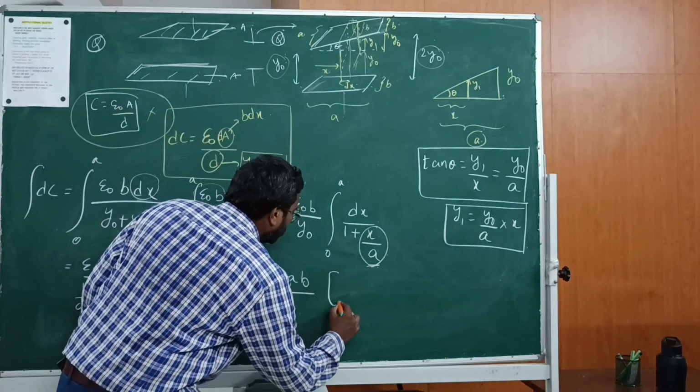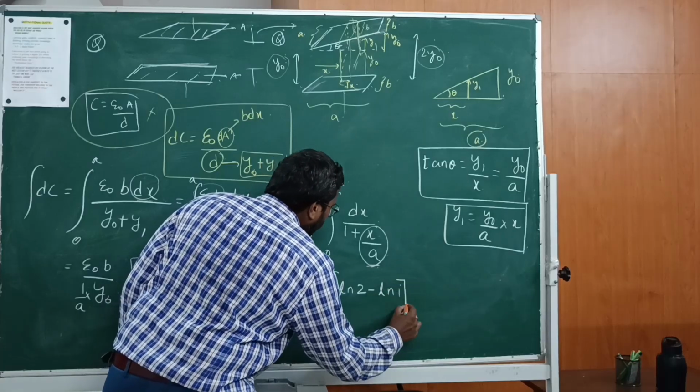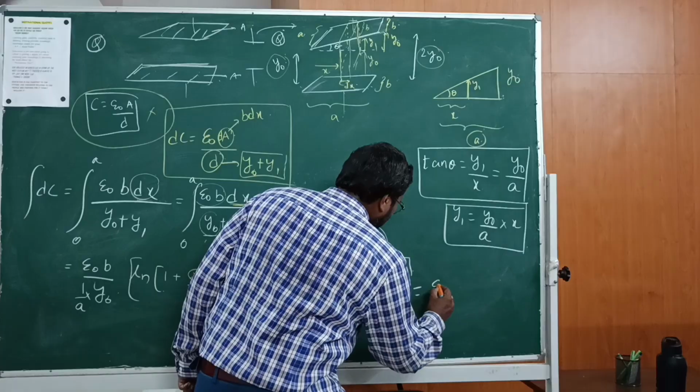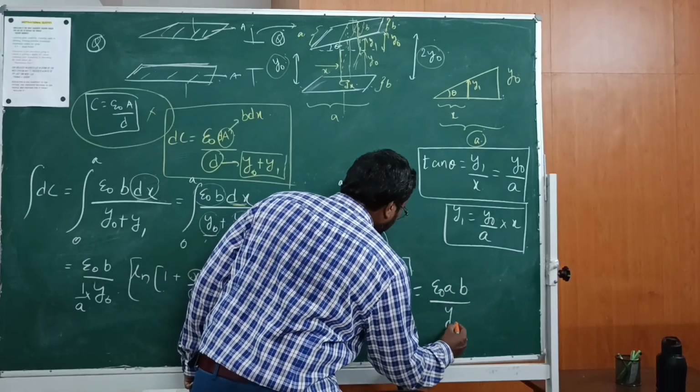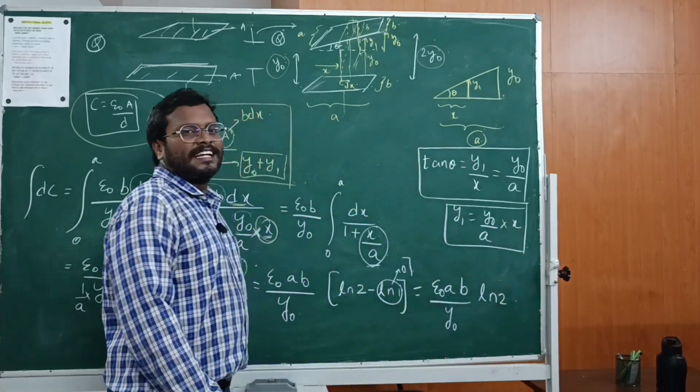So what do we get here? Ln 2 minus ln 1. Ln 1 is 0, so ln 2 alone remains. The final result is epsilon naught ab by Y naught into ln 2. Clear with this idea?